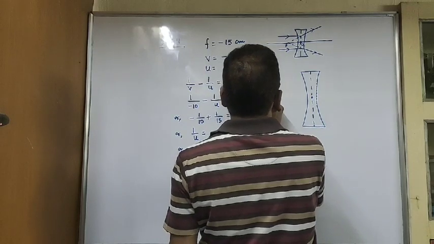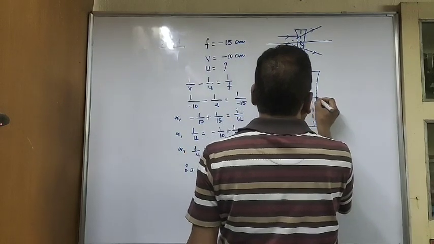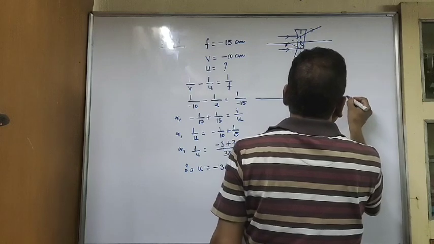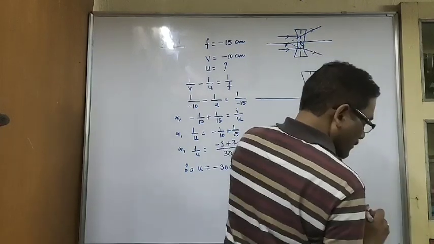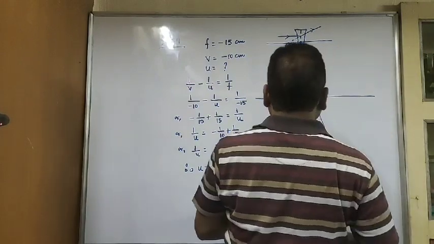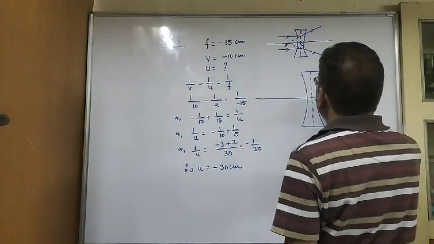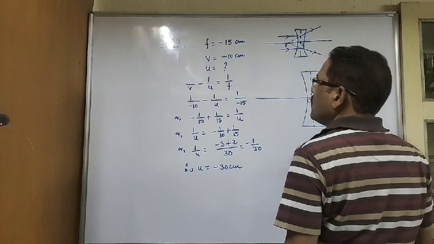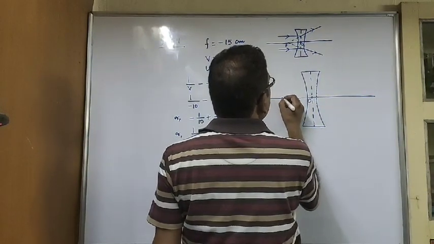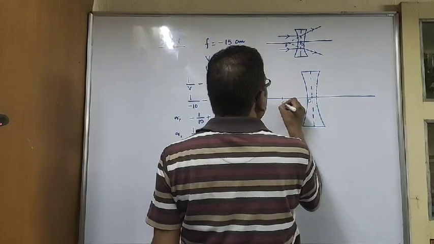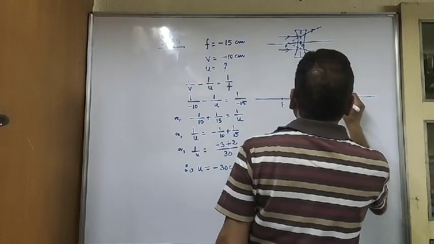Then draw a horizontal line through the optical center of the lens. Then we will mark the points. This is O. This is F, on either side.